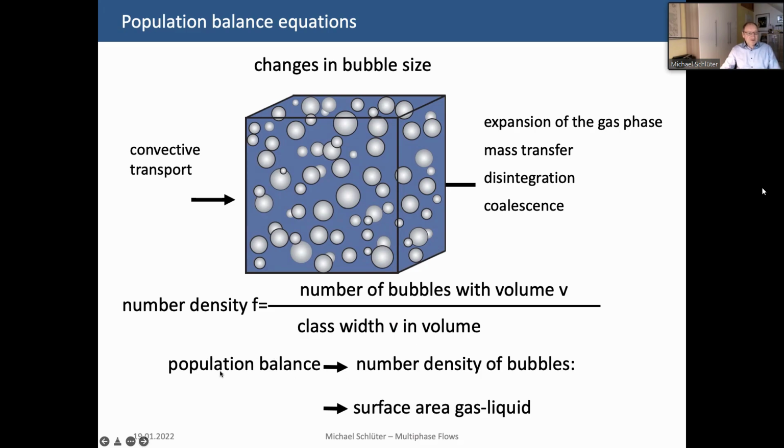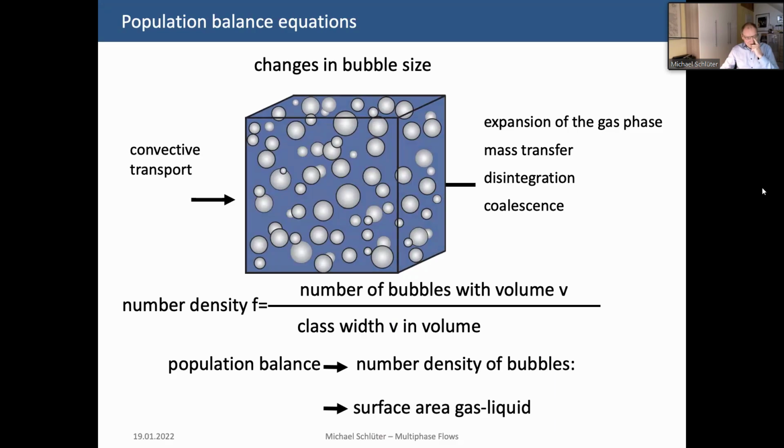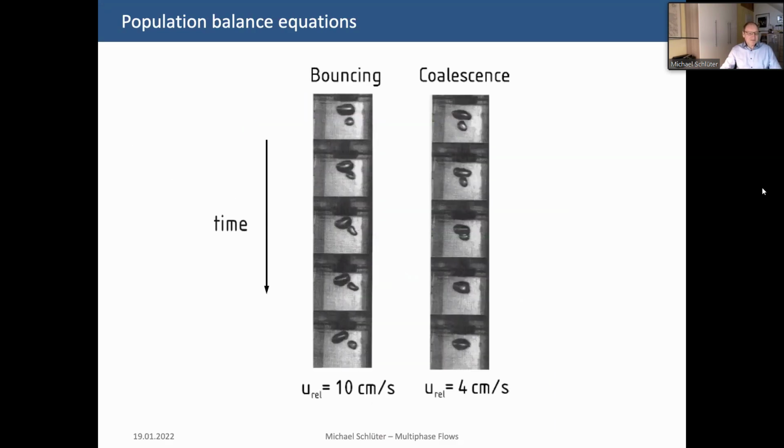So and then we do the balancing of all these forces, and this brings us to the number density of the bubbles, and with the number density of the bubbles we come to the surface area of the gas liquid system, the specific surface area.